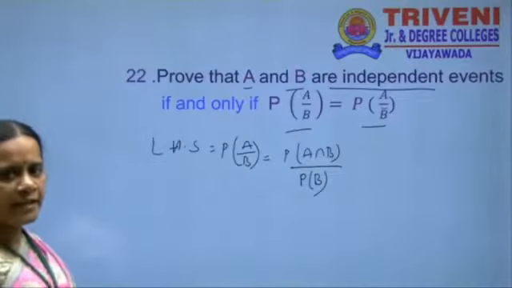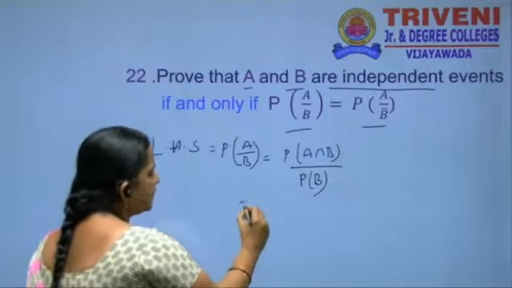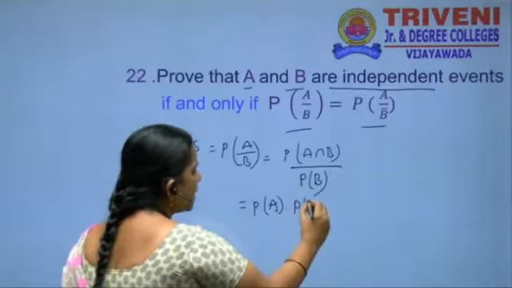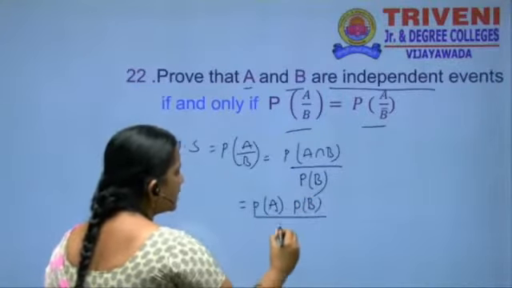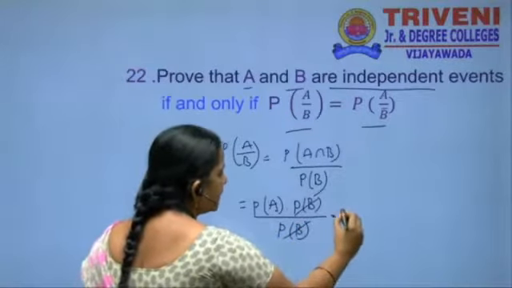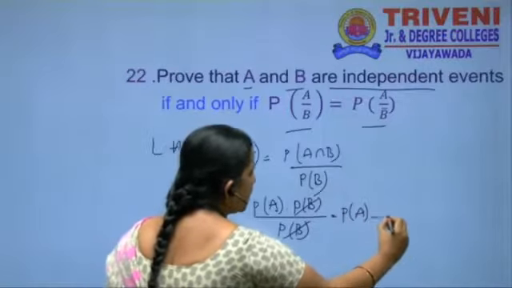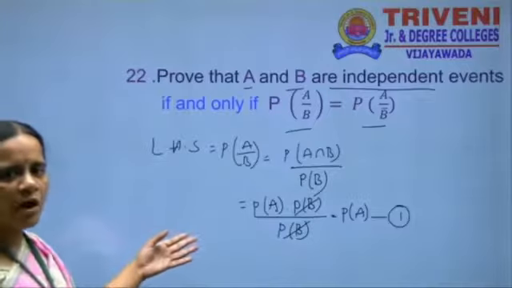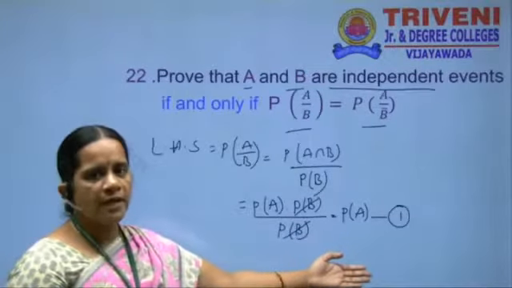Then P of B gets cancelled, and we get P of A. This is equation 1: P of A by B is equal to P of A.